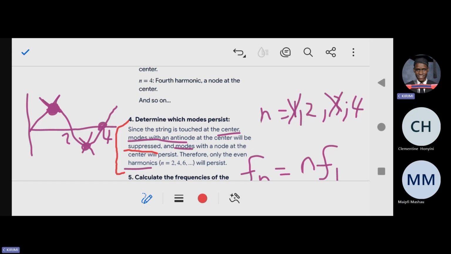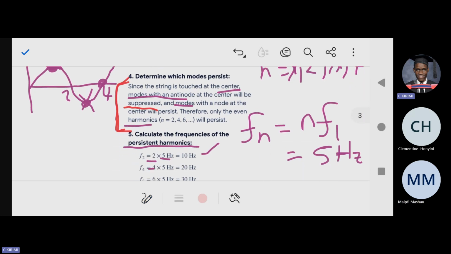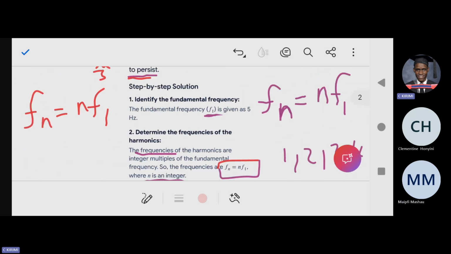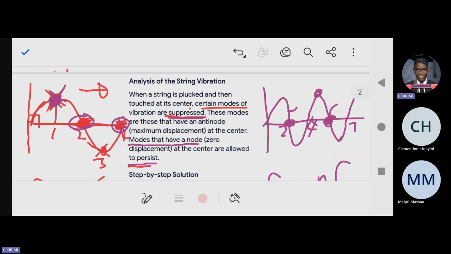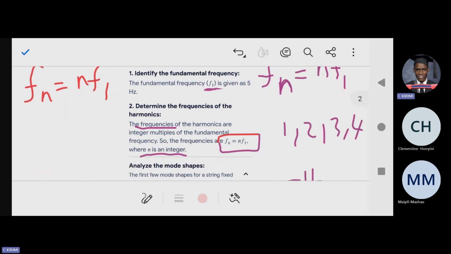Therefore, only even harmonics will persist. So this statement is very important. And then from now you punch in your numbers, F2 and so on. So those 2 points are very important: this statement, which you start with, and also the formula.